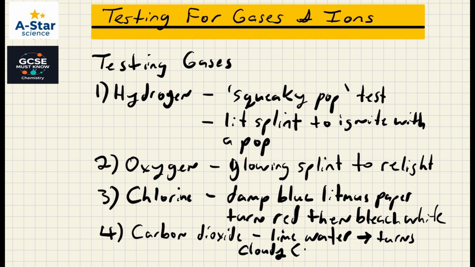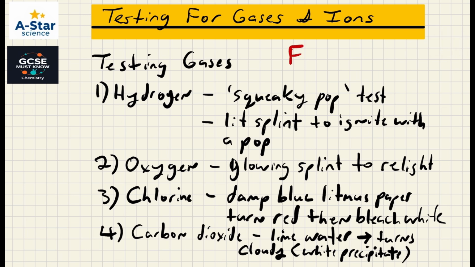If it turns cloudy, meaning it forms a white precipitate. Now, a precipitate is just a solid substance that forms in an otherwise clear or colorless liquid. So in this case, if the lime water turns cloudy, forms a white precipitate, we know that is the positive test for carbon dioxide.